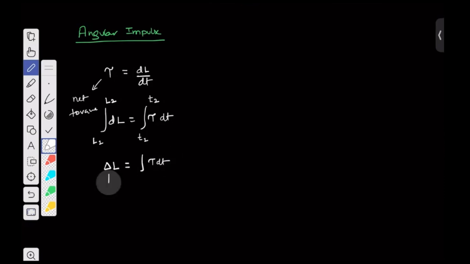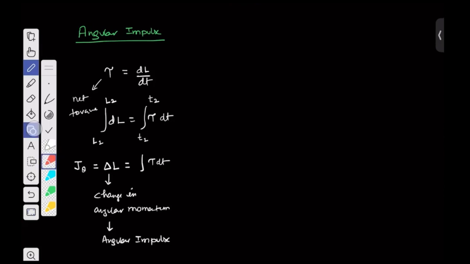This is nothing but the change in angular momentum. The symbol I will use is J theta, and this is called angular impulse. Just like impulse is the change in linear momentum, angular impulse is the change in angular momentum.